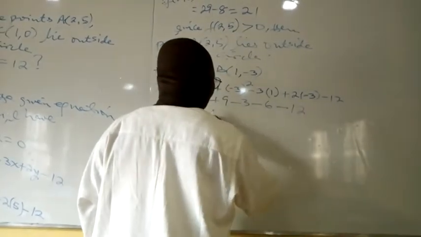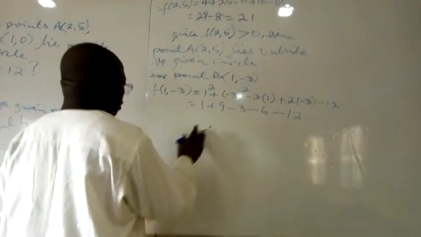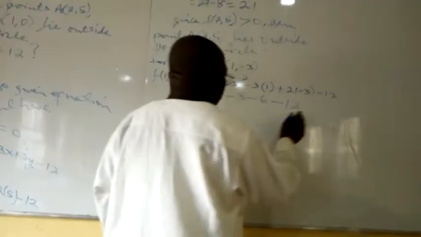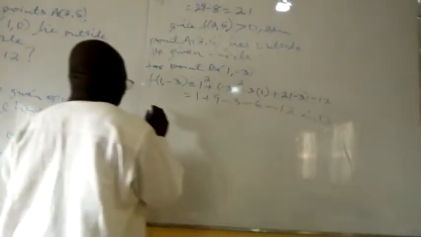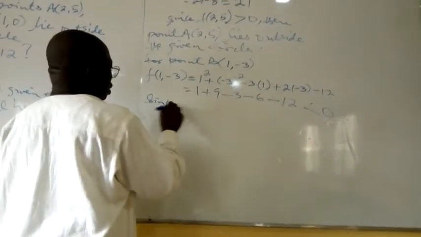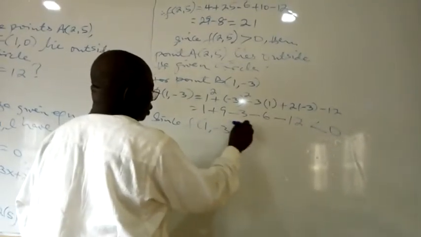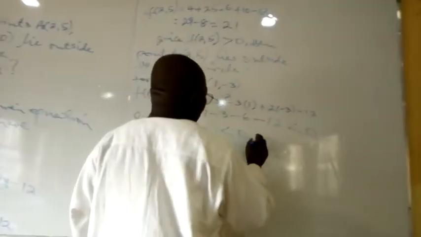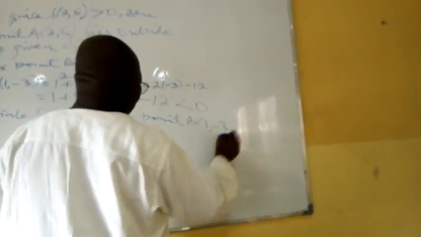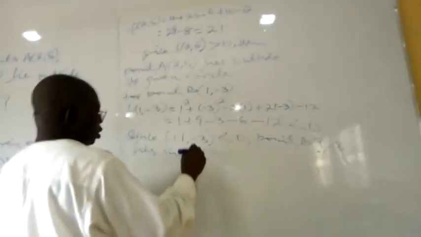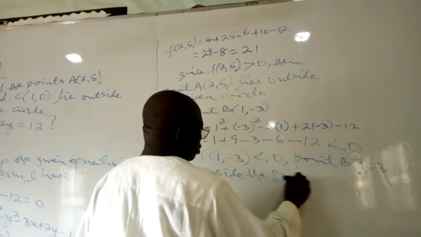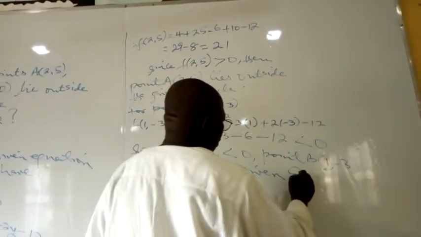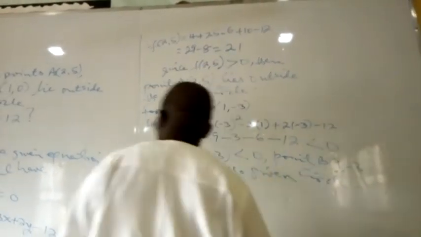We don't have to waste time; this figure is less than 0. Since f(1, -3) is less than 0, point B lies inside the given circle. That's the conclusion.